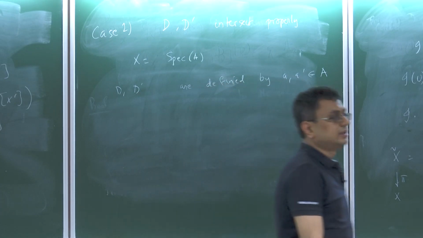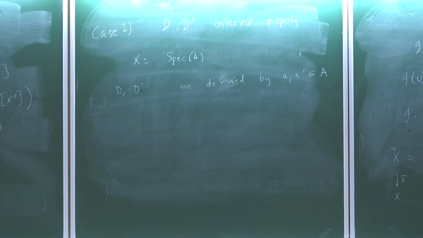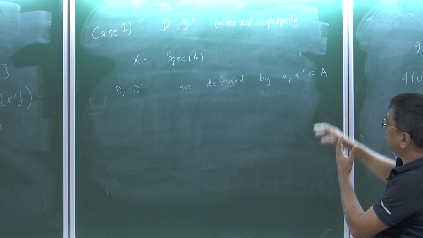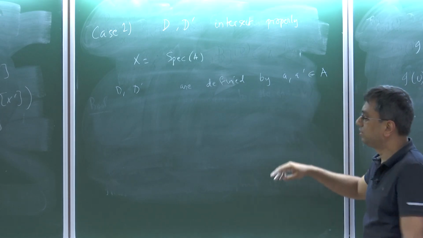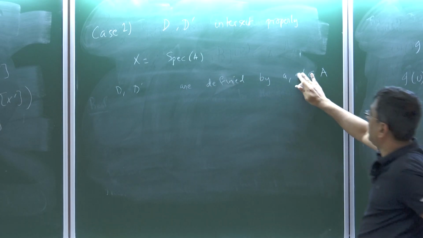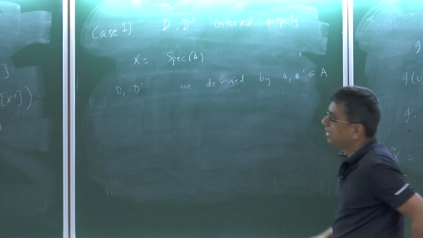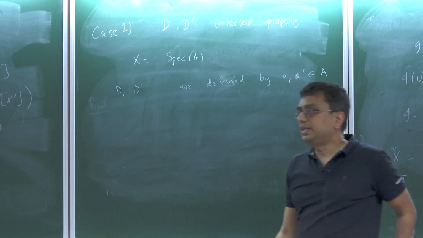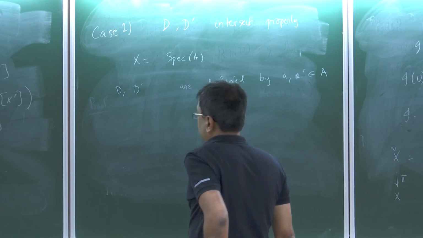Okay. We are not assuming that, we reduced it to this case. So D and D prime are given by these elements a and a prime of A. And what we are saying is, look at the ideal generated by a and a prime.